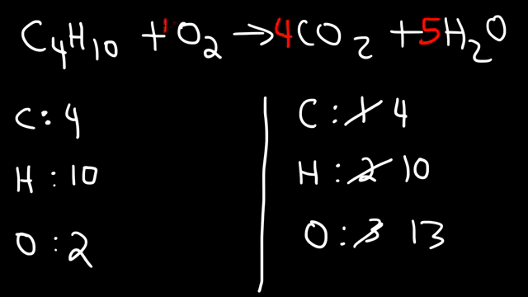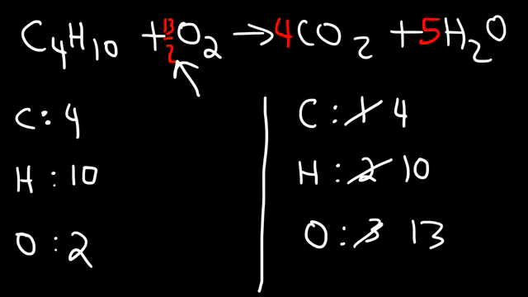So if we put 13 over 2 in front of O2, the equation is balanced. However, when you balance a typical chemical equation, you don't want fractional coefficients.